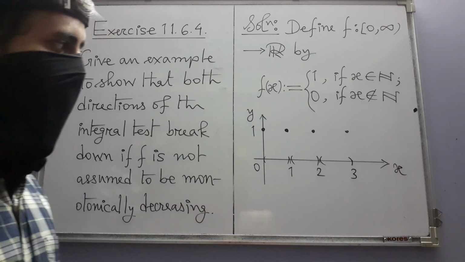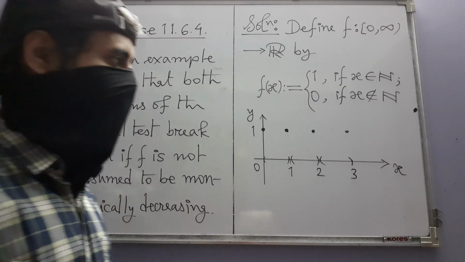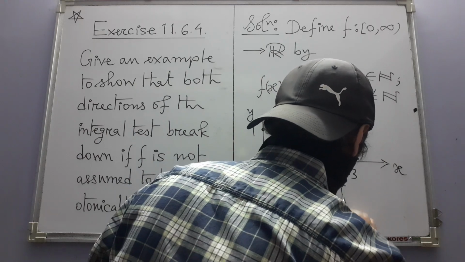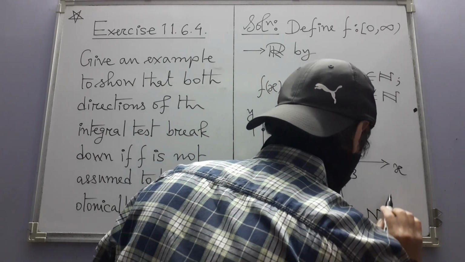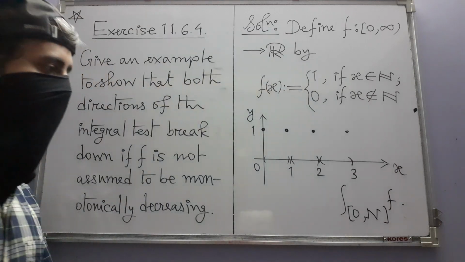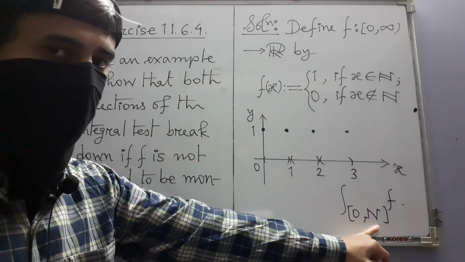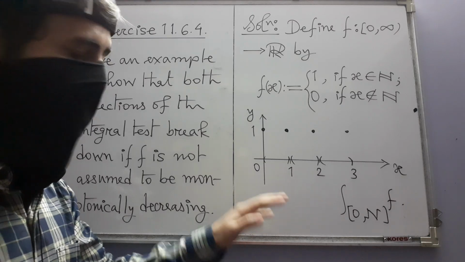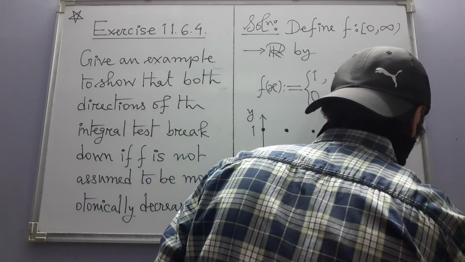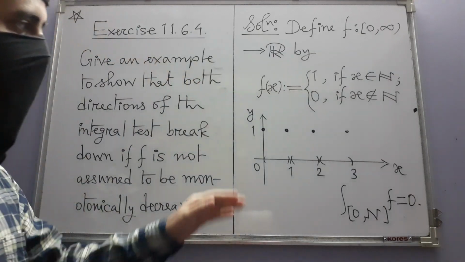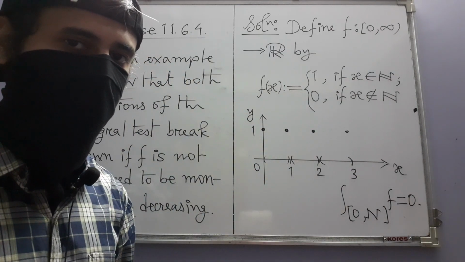Immediately from the graph, you can see one thing, that for this function, if you calculate, at least you can guess this integral for any positive real number n, the integral will be 0. Why? Because there is actually no area under the curve, under the graph.